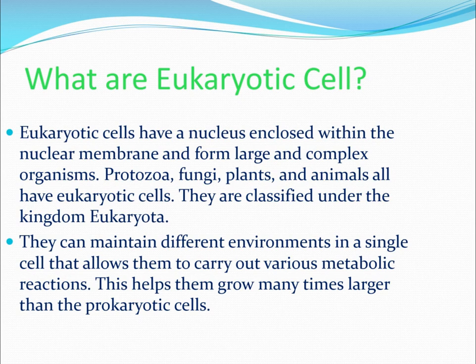Examples like protozoa, fungi, plants, and animals all have eukaryotic cells. They are classified under the kingdom Eukaryota. They can maintain different environments in a single cell that allows them to carry out various metabolic reactions.